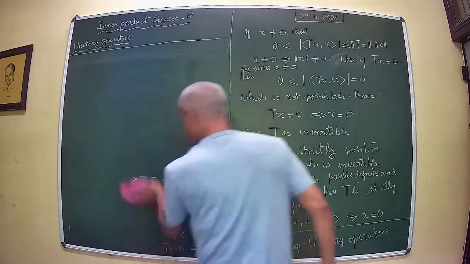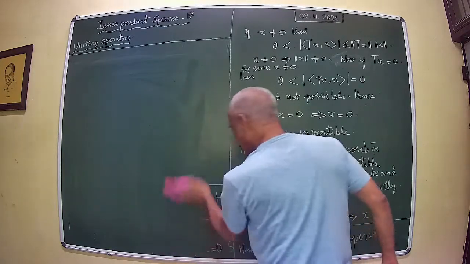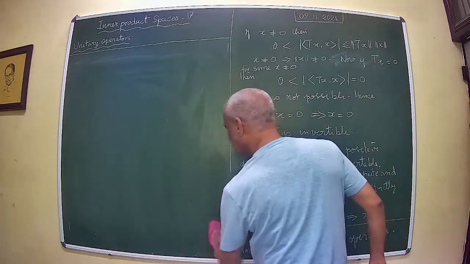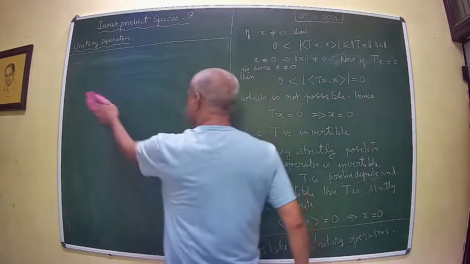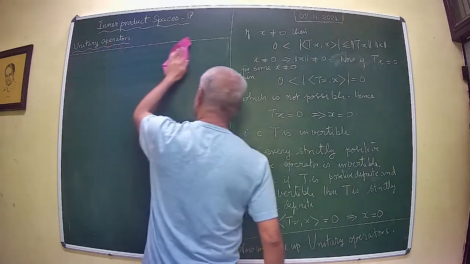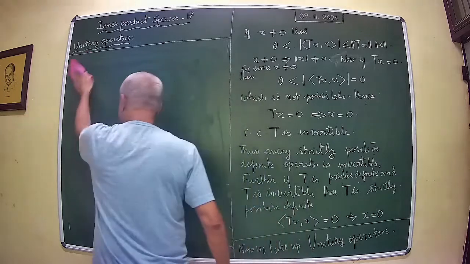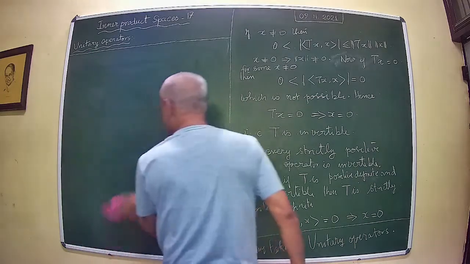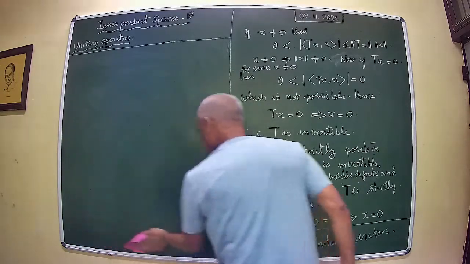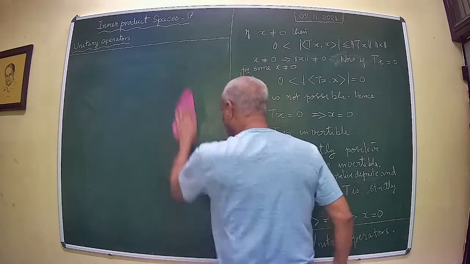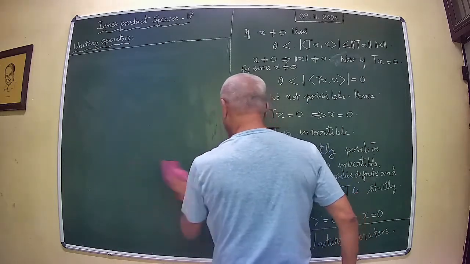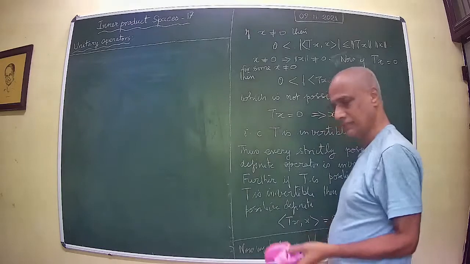So let us see what all things come out of it. So what you have is U star U equal to I, which corresponds to alpha bar alpha equal to 1. So what we expect is that U has the property that norm of Ux equals norm of x. Okay, let us work that out.